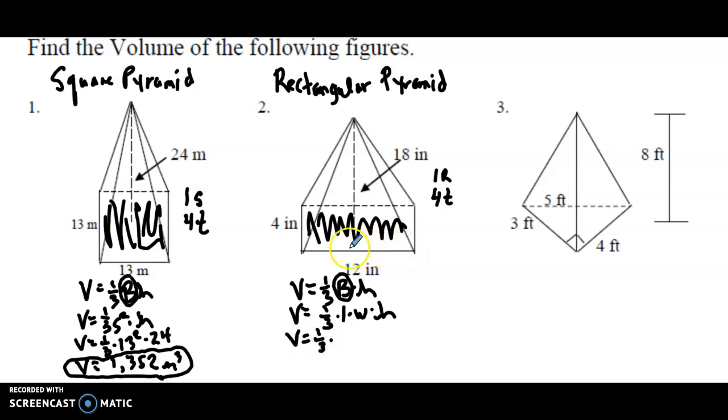The rectangle is 12 by 4. And the height, again, it's going to be on the inside, and it'll be dotted because it's not real, is the 18. Plug that into our calculator, and we're going to get 288 inches cubed.